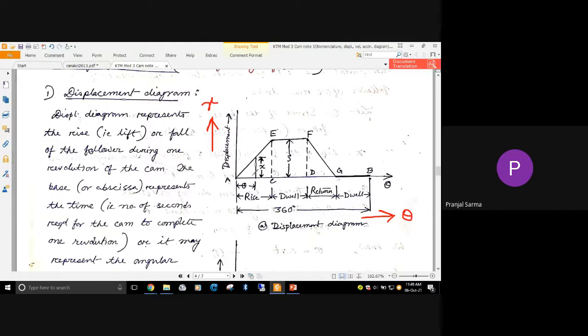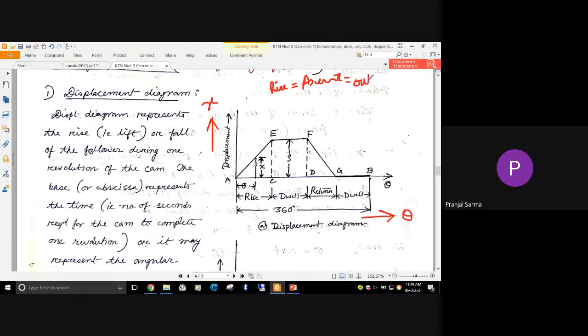Now we know there is the rise stroke or out stroke, and there is the return stroke, or descent stroke. Rise stroke is equivalent to ascent stroke, equal to out stroke.